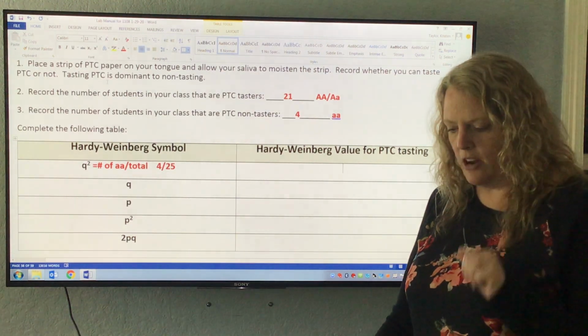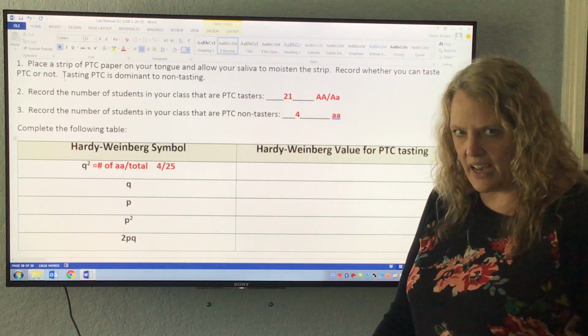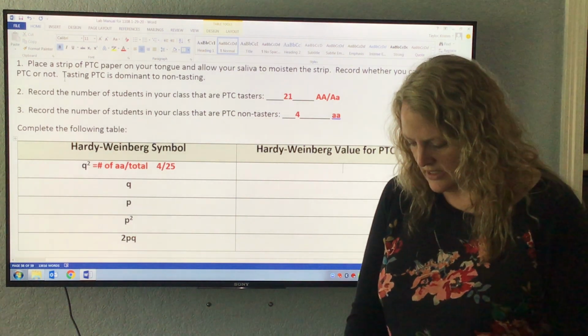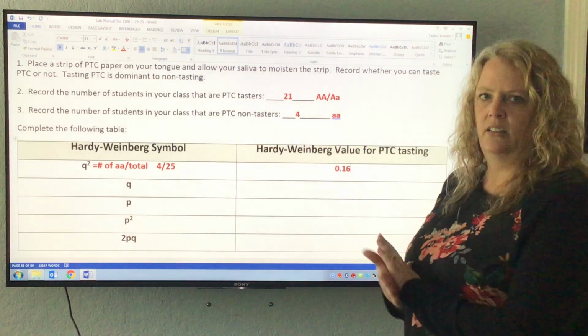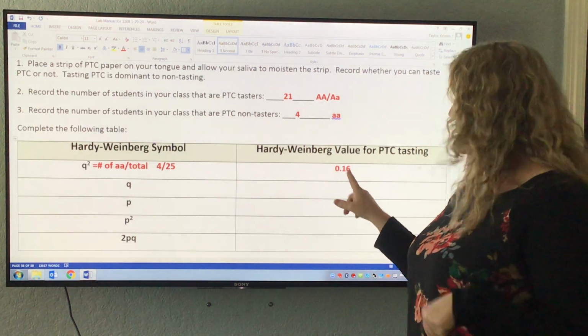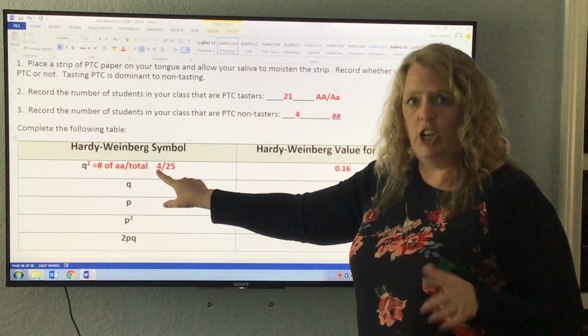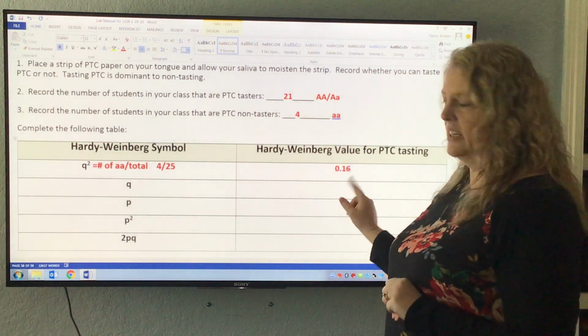You type in your calculator 4 divided by 25, and you should get 0.16.